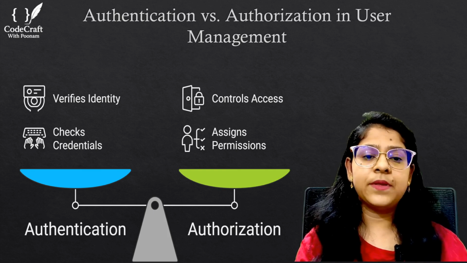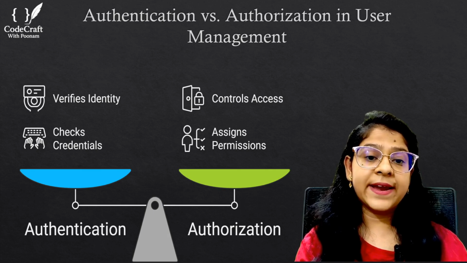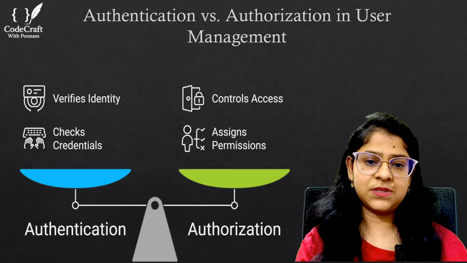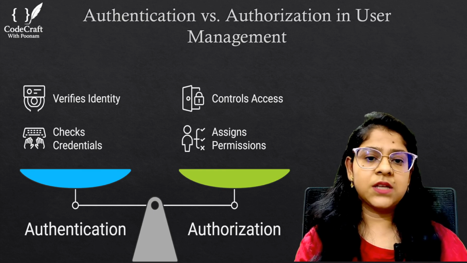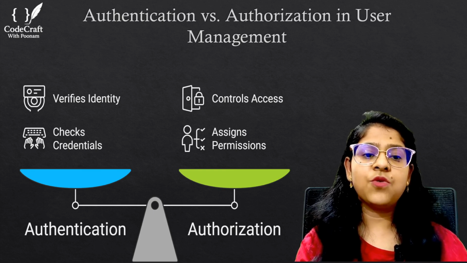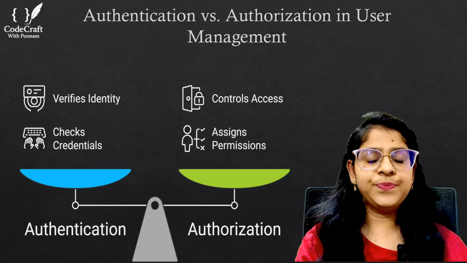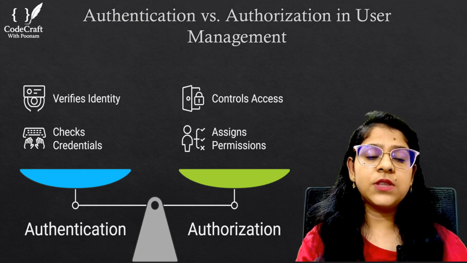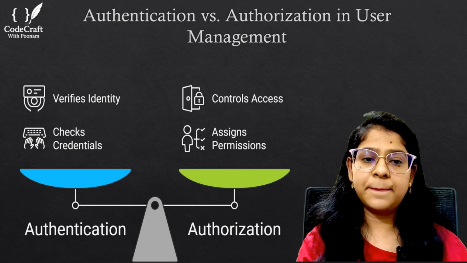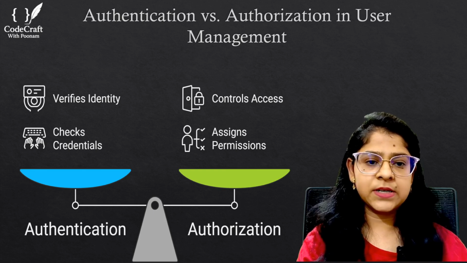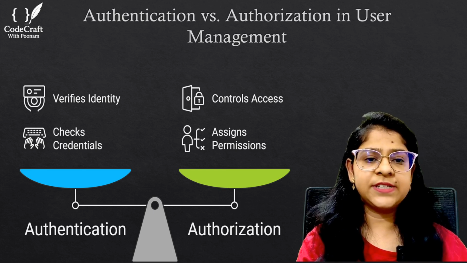For example, only users with role admin can delete recipes, right? Other users cannot delete the recipes, only admin has the right. In this session, we are going to cover both authentication with username and password and authorization by separating public get endpoints from protected, that is put, post, delete endpoints.